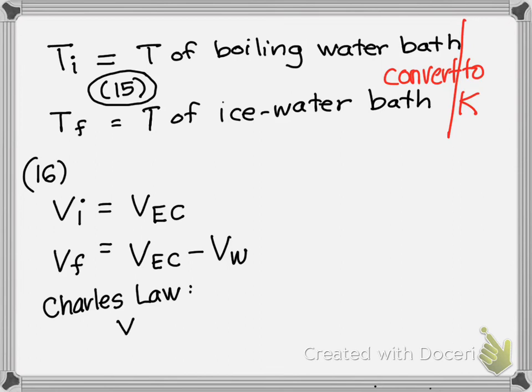So you'll say V initial over T initial, then times T final over V final, and you're going to find the answer. Now, I would say from my experience, and I have not plugged in the numbers that I got from your lab, that number in general is somewhere between 0.8 and 1, the answer that you get here.